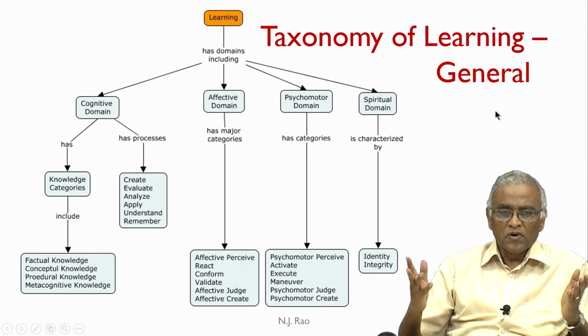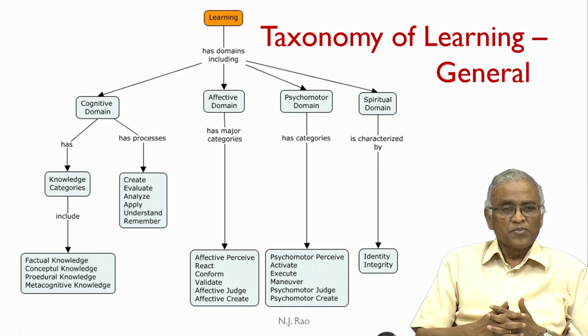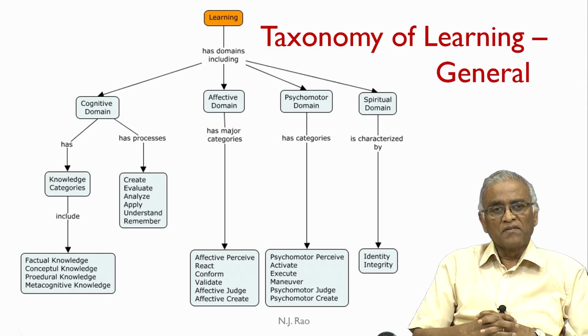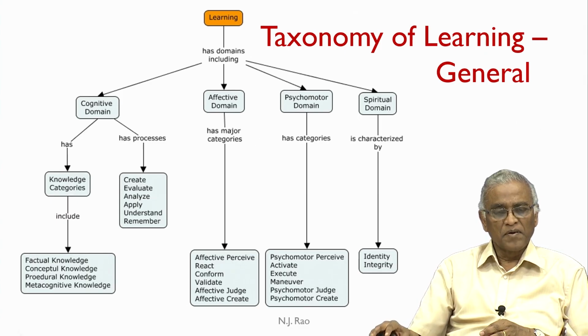If someone works it out for some program, let us say on music, there could be some additional categories of knowledge, but we do not know what they are right now. There is not much literature on that, but based on the currently available information, the taxonomy of learning can be presented in this kind of a map.